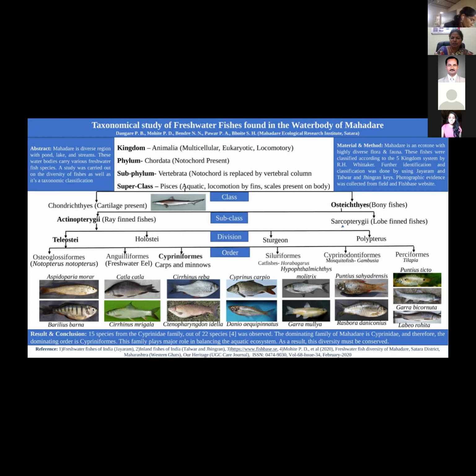And what have you done again? Pradnya Mohite has done, and you are presenting what? Taxonomic classification I have done of this Cyprinidae family. No, what I'm asking is, previously, other than you, whether anybody from your area or from some area has done the taxonomical study in that water body.